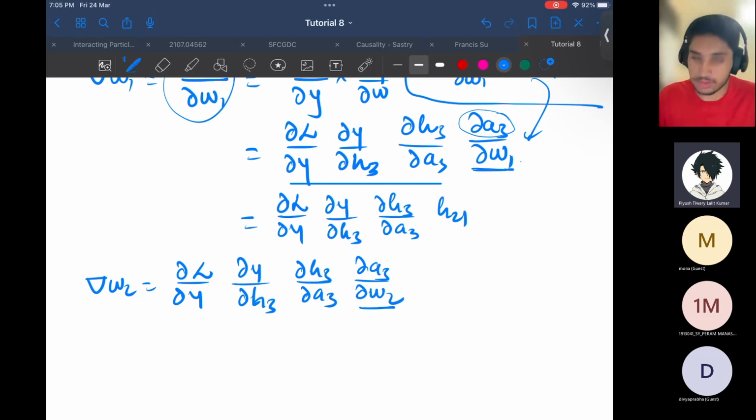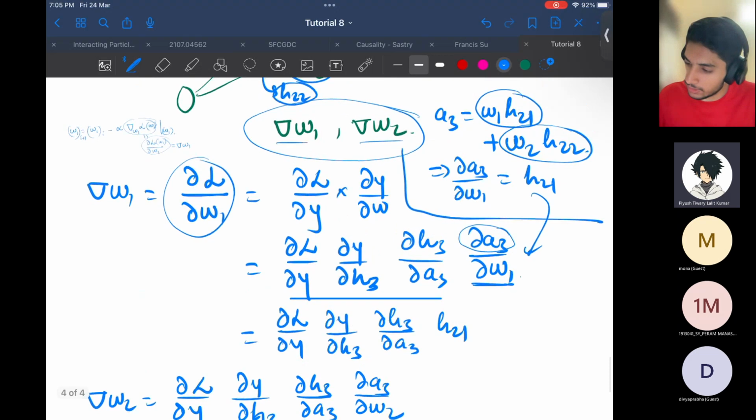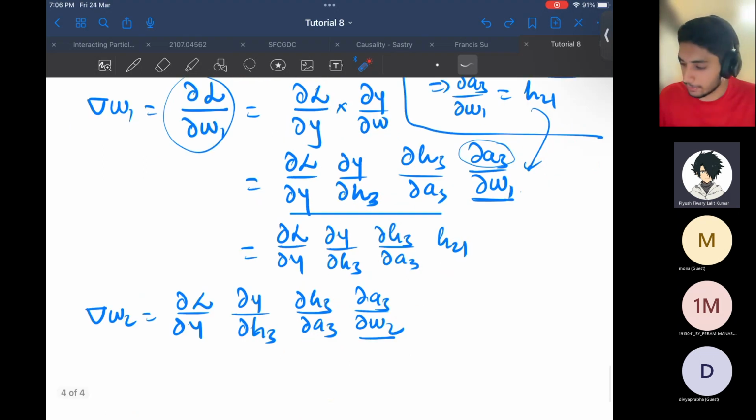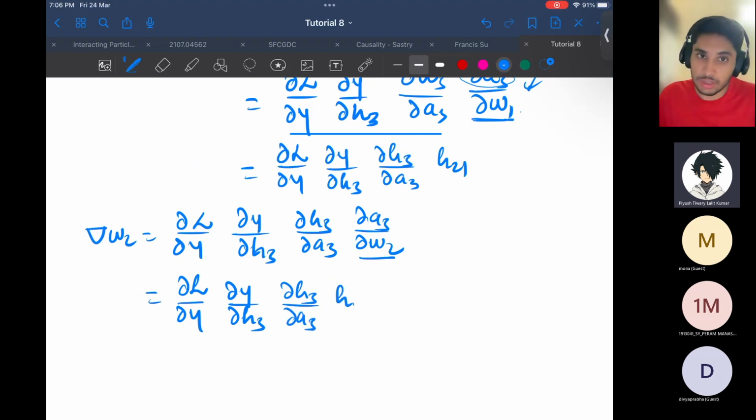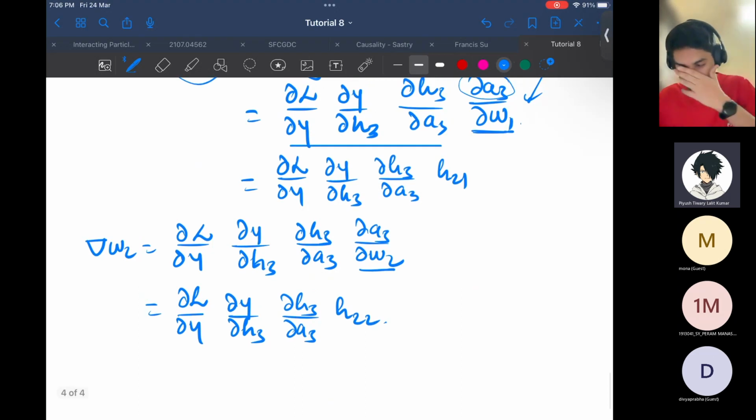This was W1, this is W2. The first term doesn't depend on W2, so that will be 0. However, in the second term W2 is simply multiplied by H22, so the differentiation will be H22 itself. So this will become del L by del Y, del Y by del H3, del H3 by del A3, times H22.